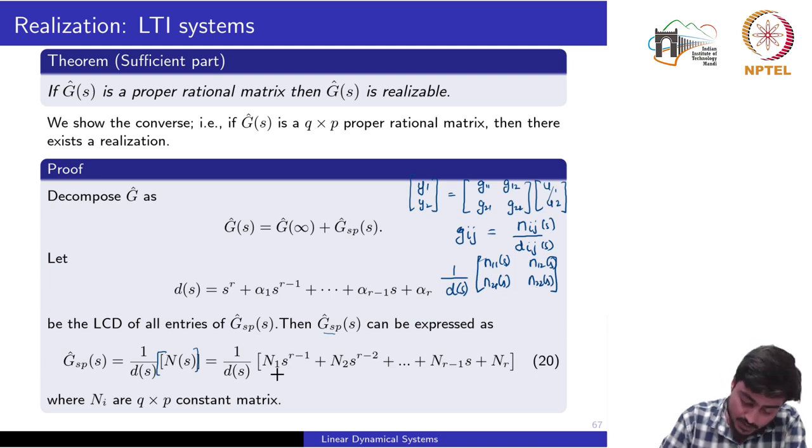So the same has been expressed in this form. Because all these n ij are functions of s, I can take the N matrix common, and finally all these N i's are constant matrices of dimension q cross p.